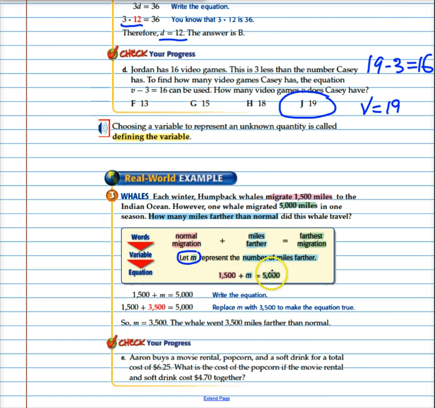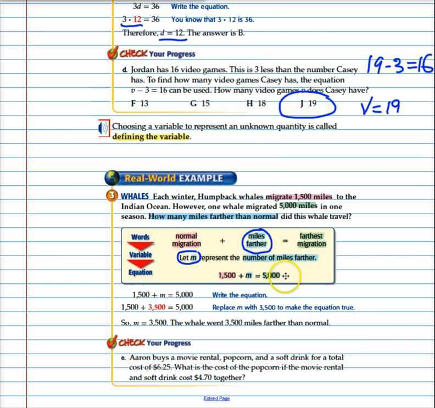So in this case, the equation would be 1,500, which is the normal migration, plus the m, which is the miles that this particular whale traveled further than the norm. And together, those two added together equal 5,000.